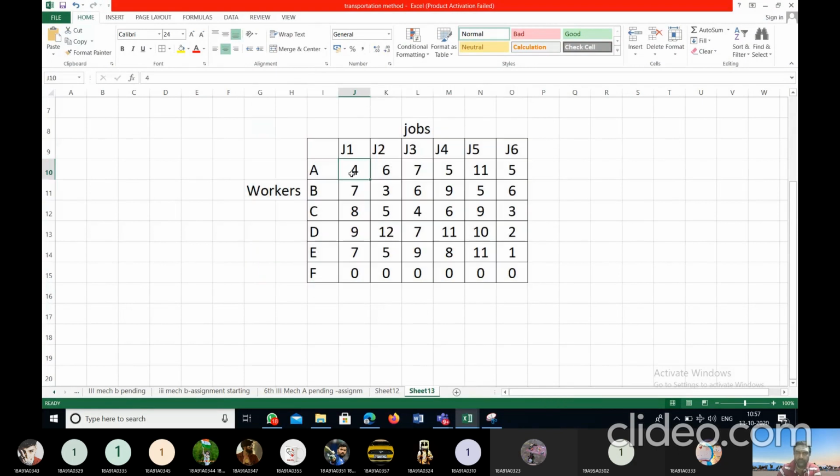So I can update row operations, first row, second row, third row, fifth row, but the last row will be 0. I will keep as it is, right? And the column operations will become the same values as the ending of the row operations matrix, right? After the ending of the row operations, whatever the matrix I will get, same thing will become because in the column operations, already all column will have the 0 is the minimum, there will not be any change.